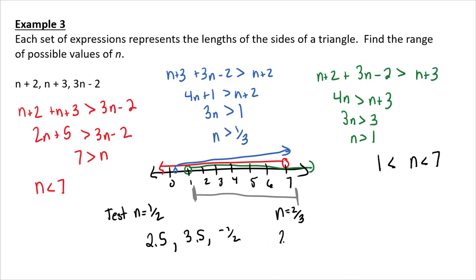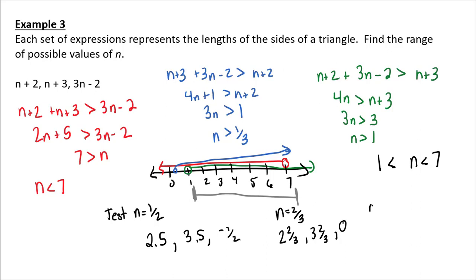So I would have 2 2/3, I would have 3 2/3, and then I would have minus 2, I would have 0 for a side. So notice how every time I'm plugging in a number between 1/3 and 1, I'm not even getting a nice value for this third side.